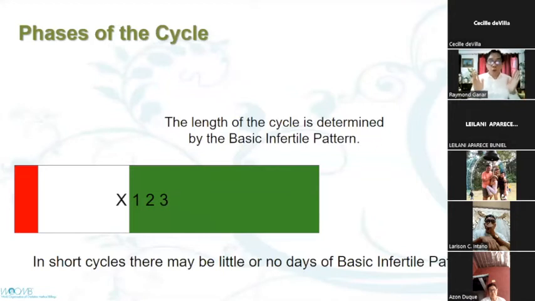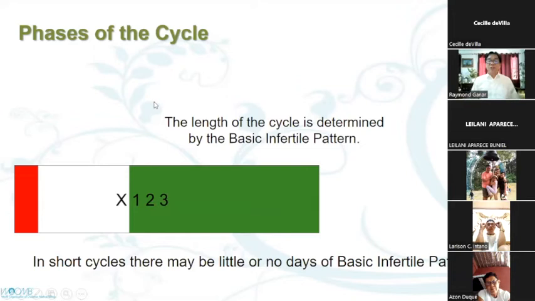So you have a short cycle if there are only a few days of BIP, or if the BIP disappears. If you already received your slide rule during pre-K, you can show that the BIP can be shorter or the BIP can disappear, wherein the menstruation and the mucus are together. So it is very difficult to see the presence of the mucus because the menstruation obscures it with its red color.